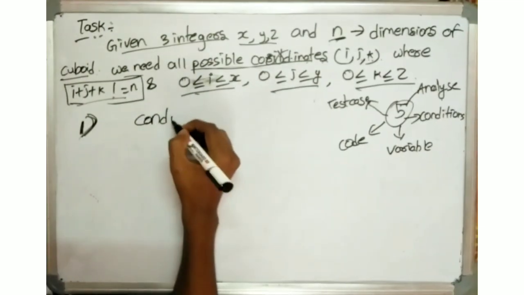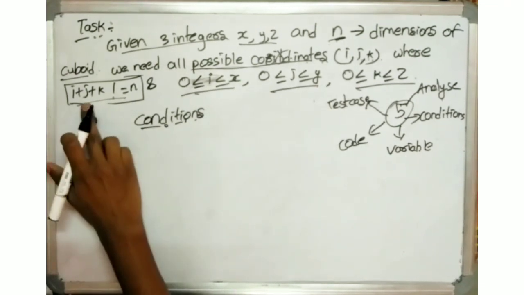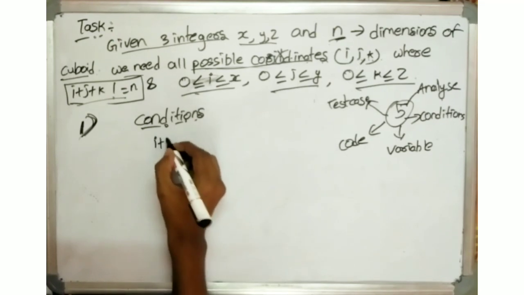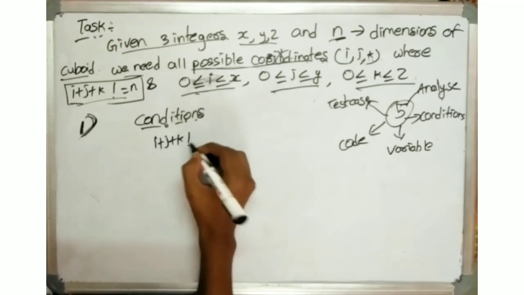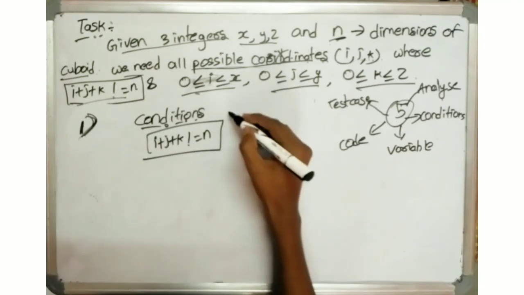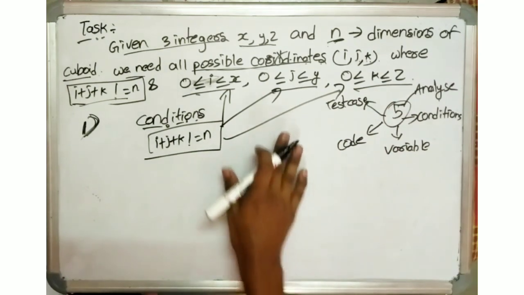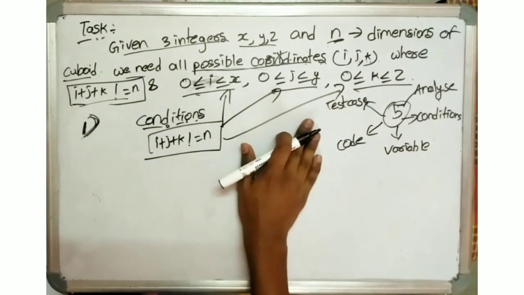Okay, next phase, conditions. What are the conditions they mention? This is the condition they mention in the question. Just write the condition i plus j plus k not equal to n. This is the condition, and the remaining conditions are these 3. In the question itself, they mention the conditions.